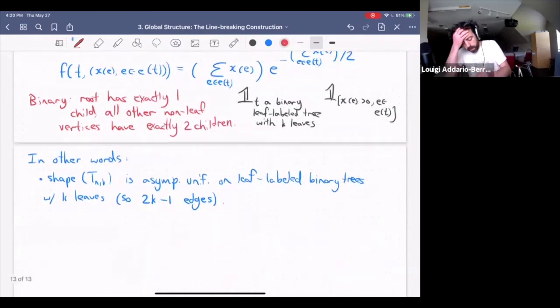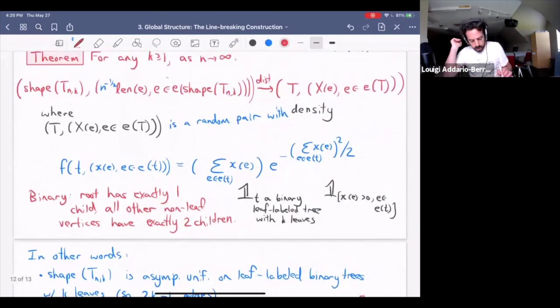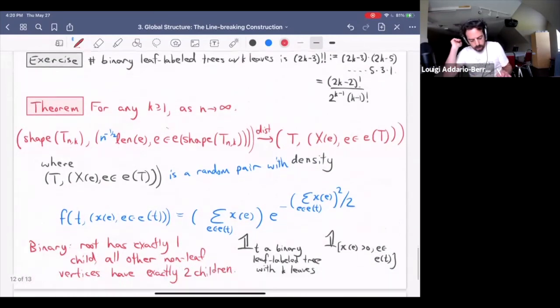Okay, so examples of binary trees are this and this and this. Yes, these are rooted trees.